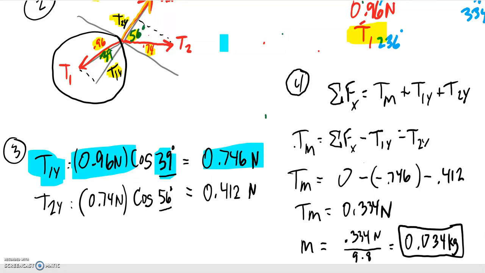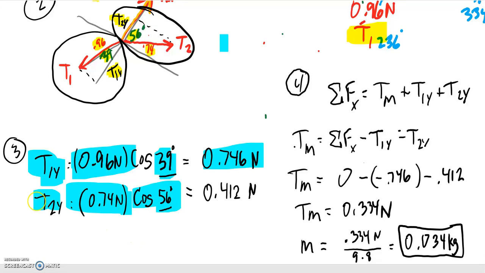And the other triangle is this one, and see there that that's 56 degrees. And the cosine will give me the y component. Cosine of 56 degrees times the hypotenuse there is 0.74 newtons. So T2y equals 0.412 newtons. So I now have those y components.